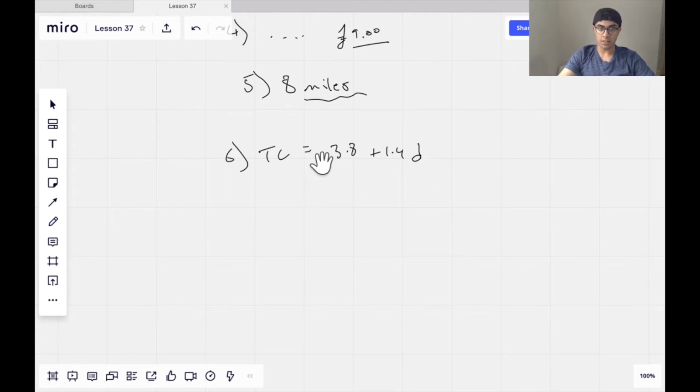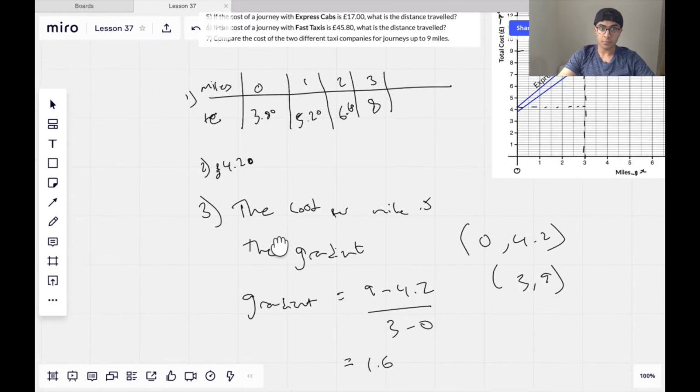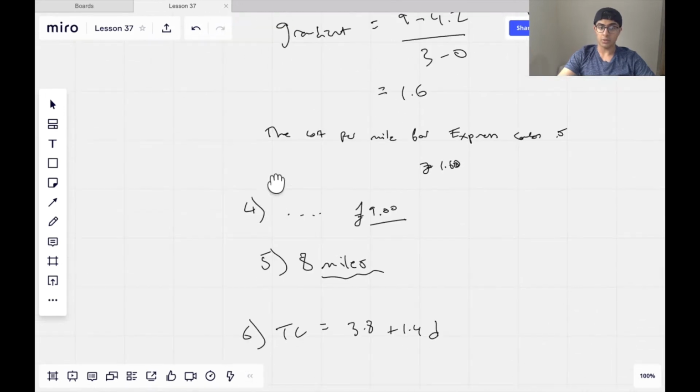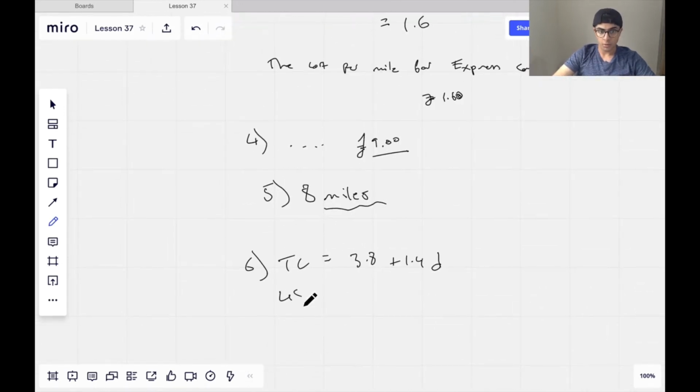Okay, we know TC is 45.80, which is equal to 3.8 plus 1.4D.